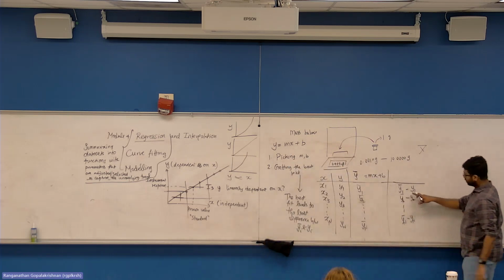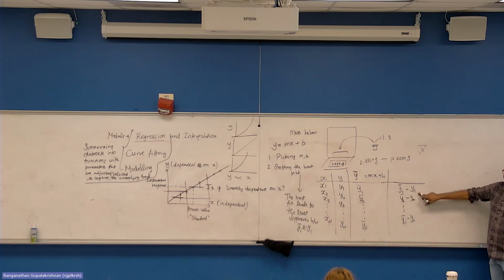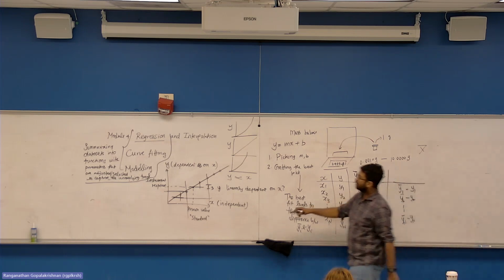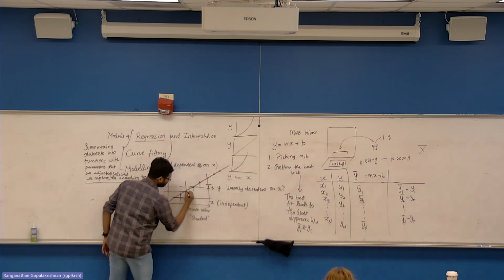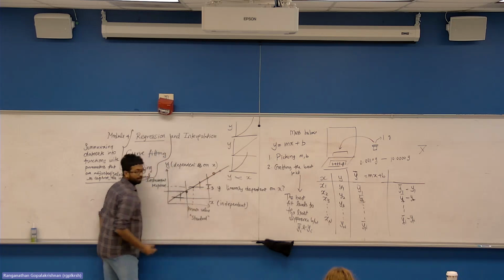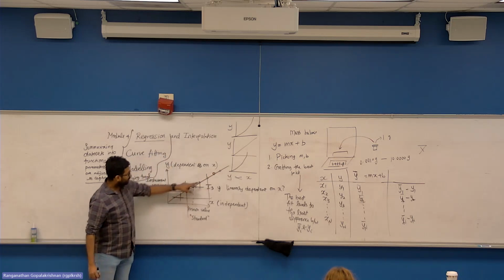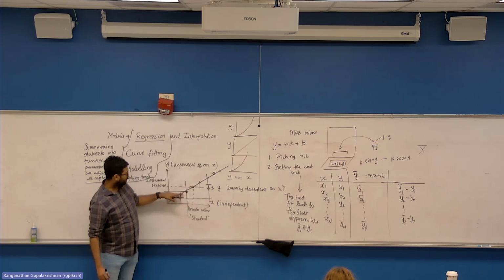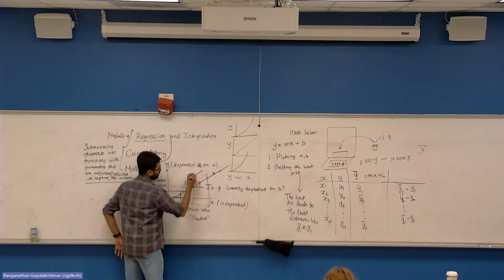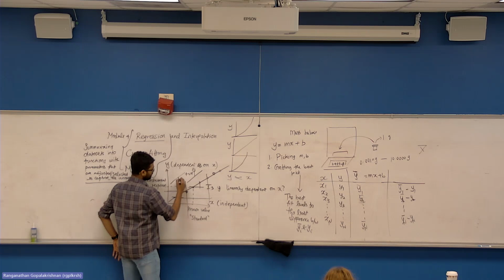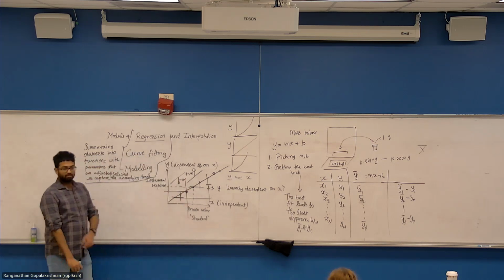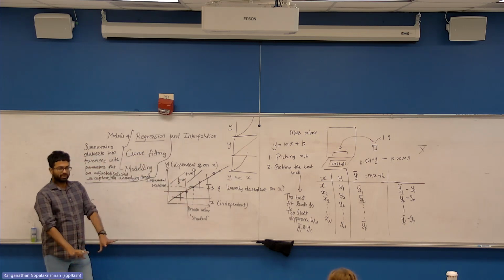This is y1 bar minus y1, which could be positive or negative, right? This data point could lie below or above the line. So this difference could either be a positive difference, or it could be a negative difference. You with me so far?